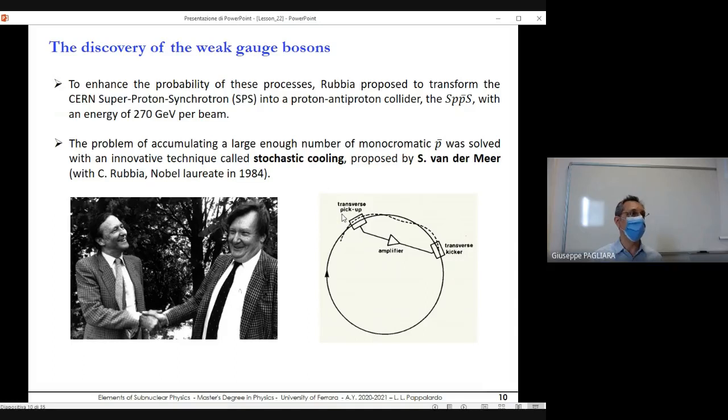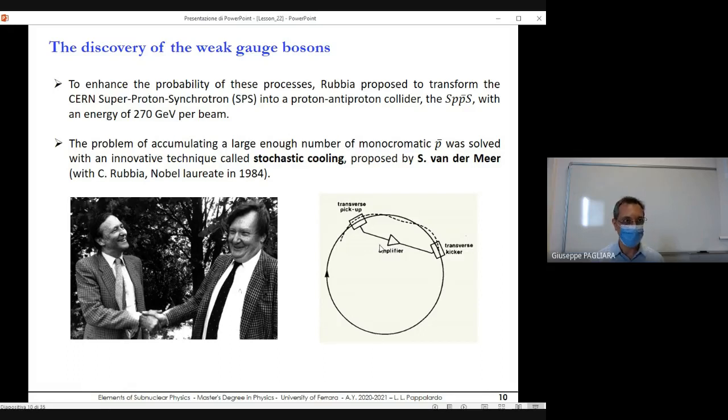They read their momentum, calculate the difference between the measured momentum and the nominal momentum you want, and send a signal to a kicker, actually a magnet. When the magnet receives the signal and that antiproton passes through, the magnet corrects the momentum to the proper value. This is done stochastically over billions of orbits. At the end of this process, you get an almost monochromatic beam of antiprotons.